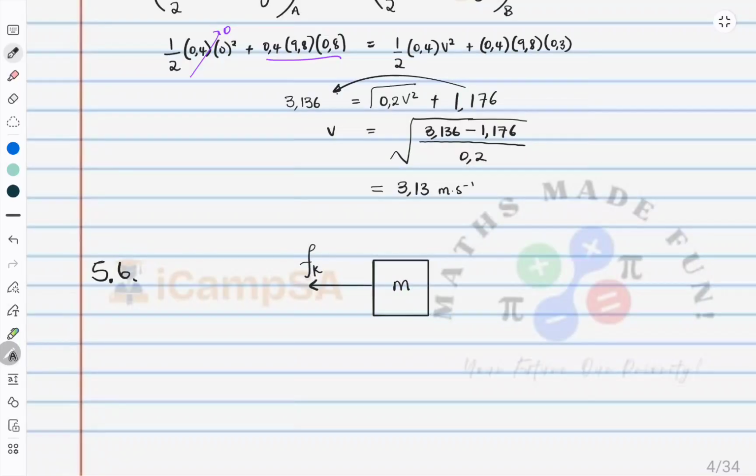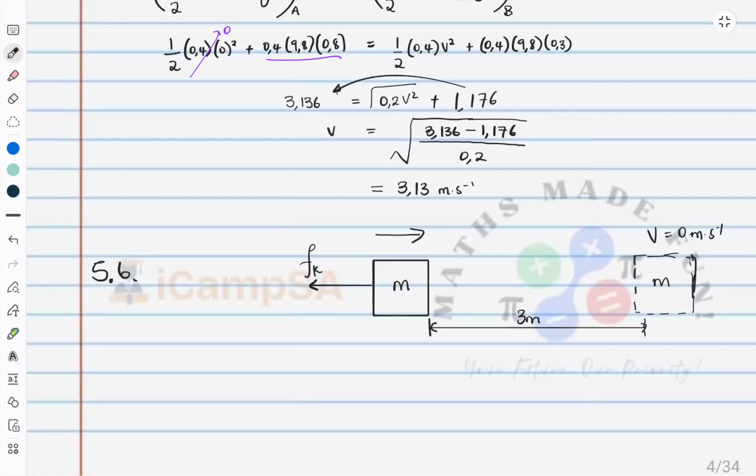Remember, our kinetic friction will act on this block until it comes to a halt, and this block will travel about 3 meters until it gets to a point somewhere here where its velocity is 0. That's one thing you must understand.